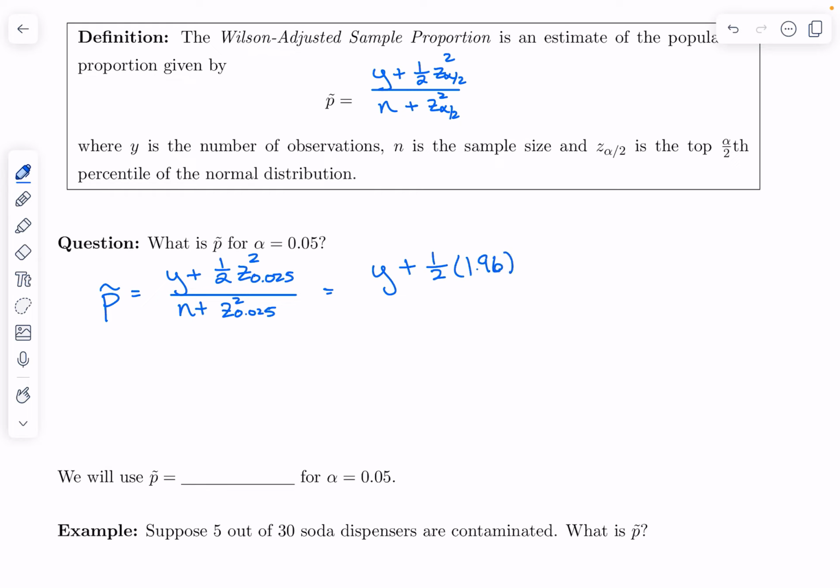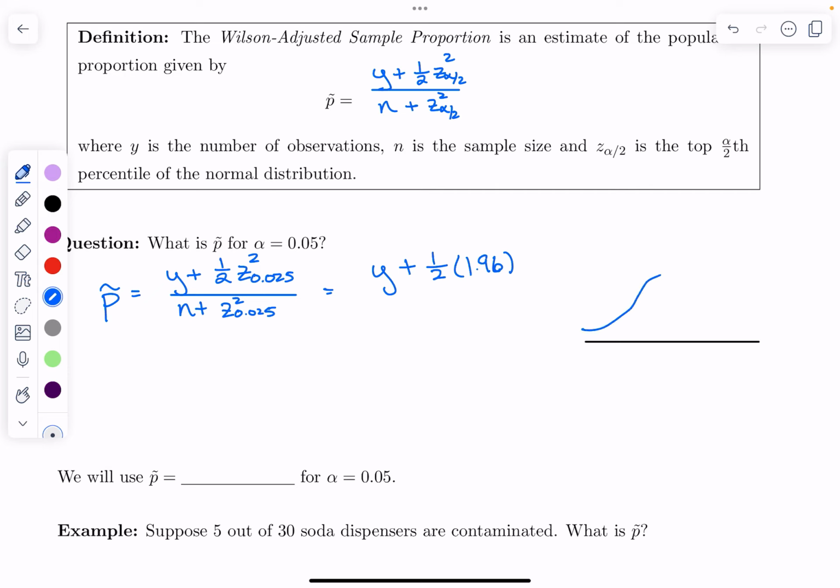So if we were to draw a normal distribution, you'll have to forgive my normal distribution. We'll try one more time.